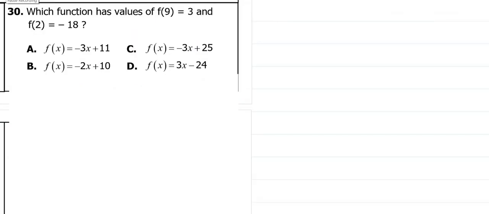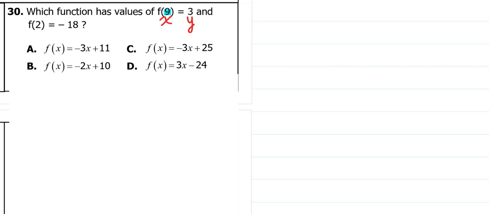Number 30. Which function has values of f of 9 equals 3 and f of 2 equals -18? Okay, now what does this mean? This means that if I plug 9 into the function as my x value, as my input, then I should get 3 as my y value, my output.